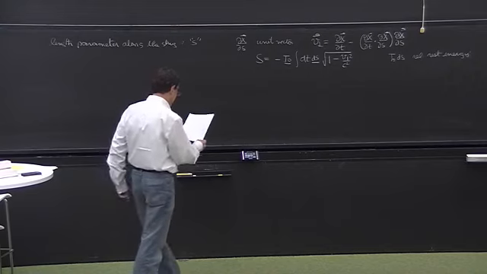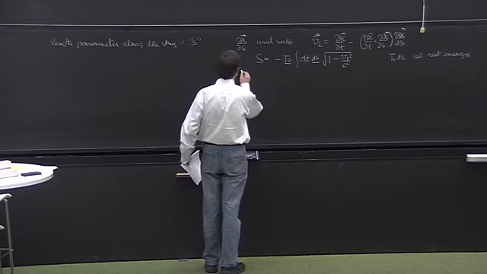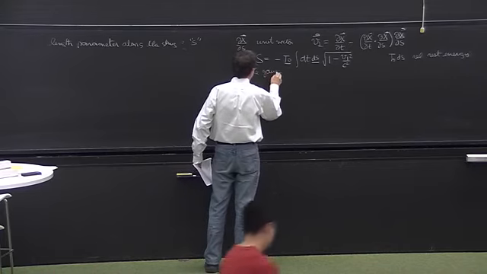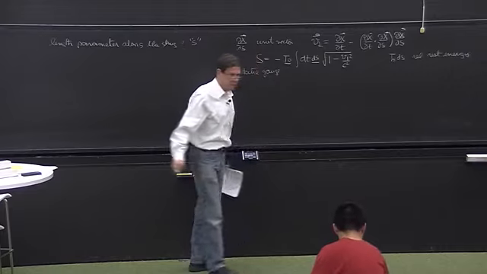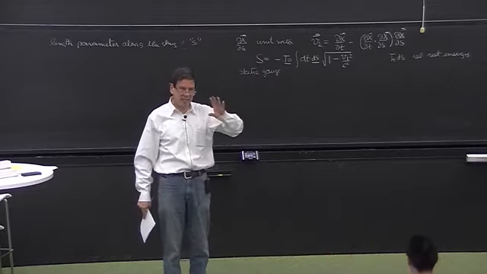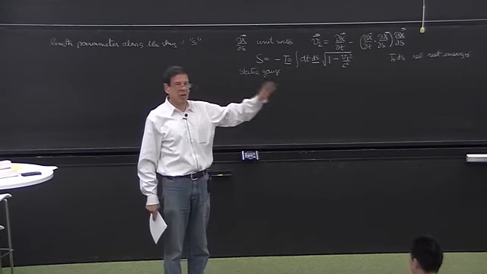There are other interesting things. In this static gauge, now, I think I managed to confuse many of you, I apologize, with this word static gauge. Static gauge is a bad name.